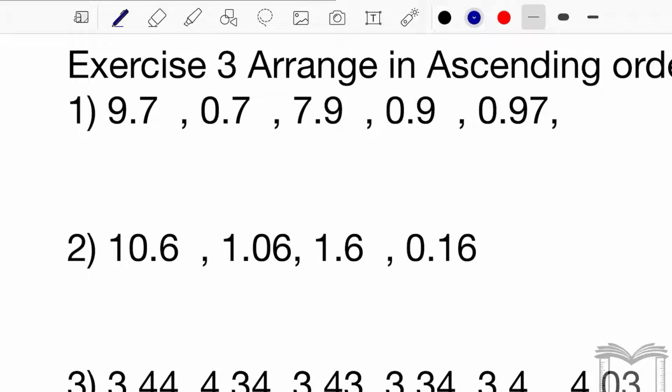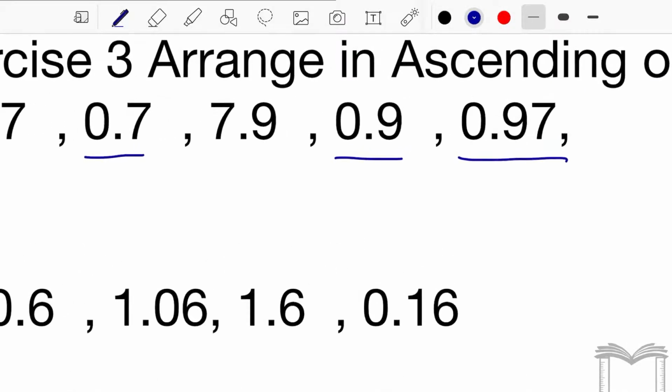So we know that we will start, for ascending order, smallest to largest, with these 3 numbers, because they have 0 for the ones, so it will be smaller than the other 2. So again, we're going to ensure that all of them have the same number of decimal places.